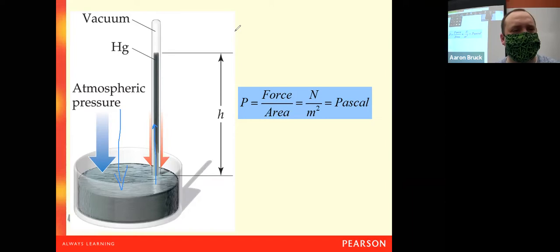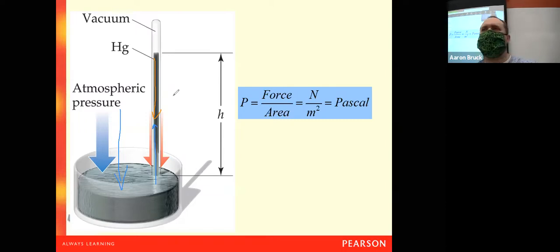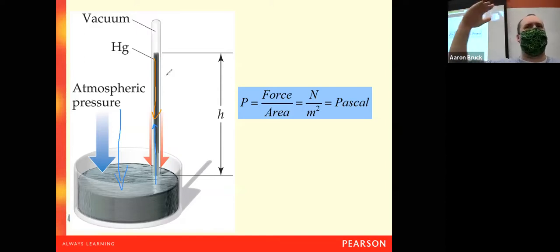But there's another force going on here, a downward force. What is the downward force that is pushing the mercury back down the tube? Gravity. Exactly. And so at some point, the force exerted by the atmosphere equals out the force of gravity, and that's when we can measure the height of the column.